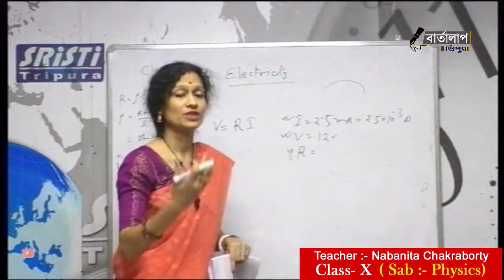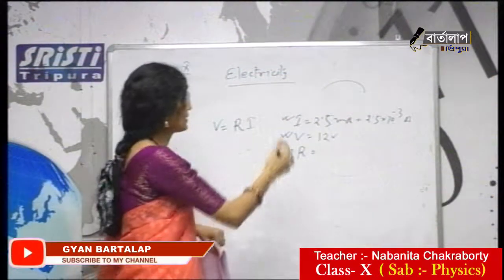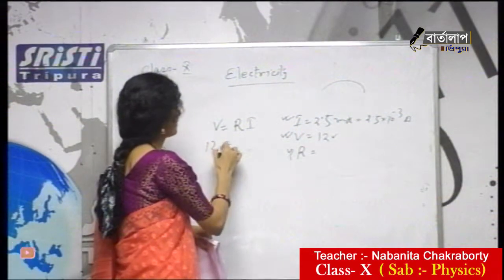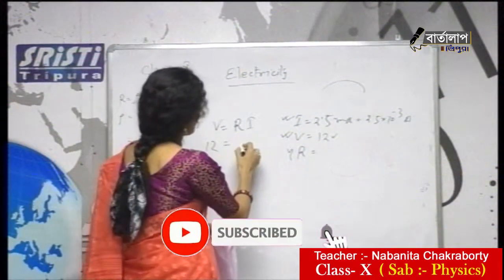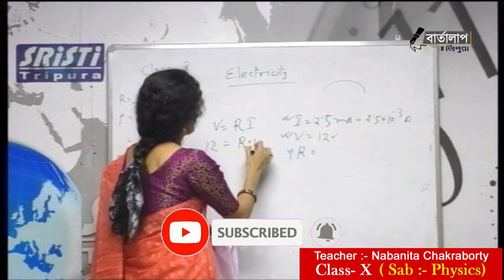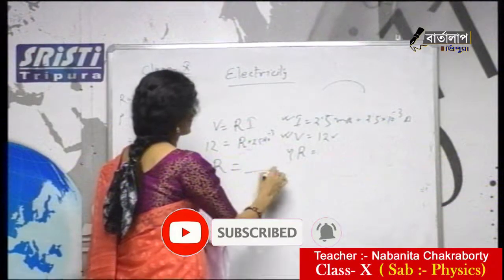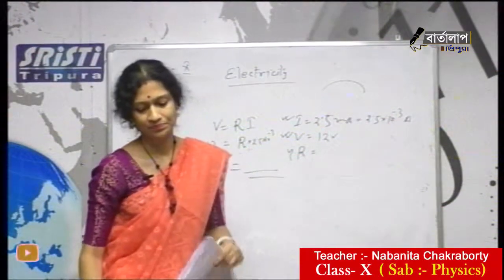At first you have to change that. After that you put these values: 12 equals R into I, where R you have to find, and I is 2.5 into 10 to the power minus 3. From that you will find the value of R.